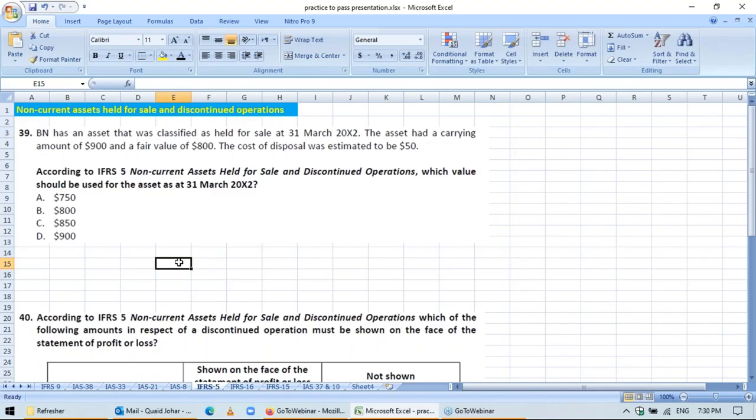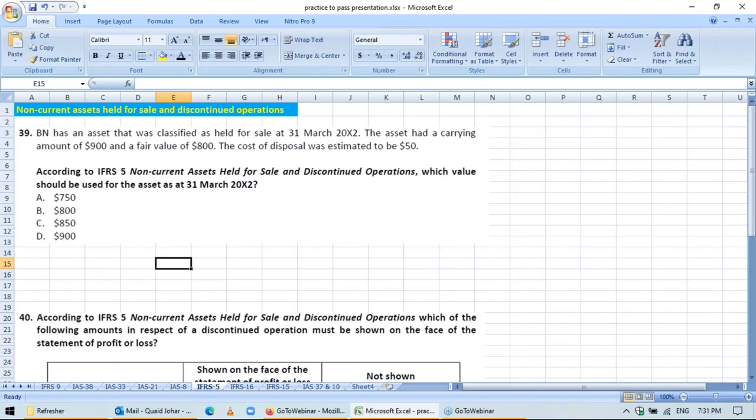So if we have decided that they are to be sold in the near future, what needs to be done? We will stop recording depreciation on it because it is no more a non-current asset for us, as we have already decided that we are not going to use it anymore, or we are going to sell it. So we will not charge depreciation on it. Secondly, we will not show it as a non-current asset because it is not a non-current asset anymore. So it should be transferred to a current asset item.